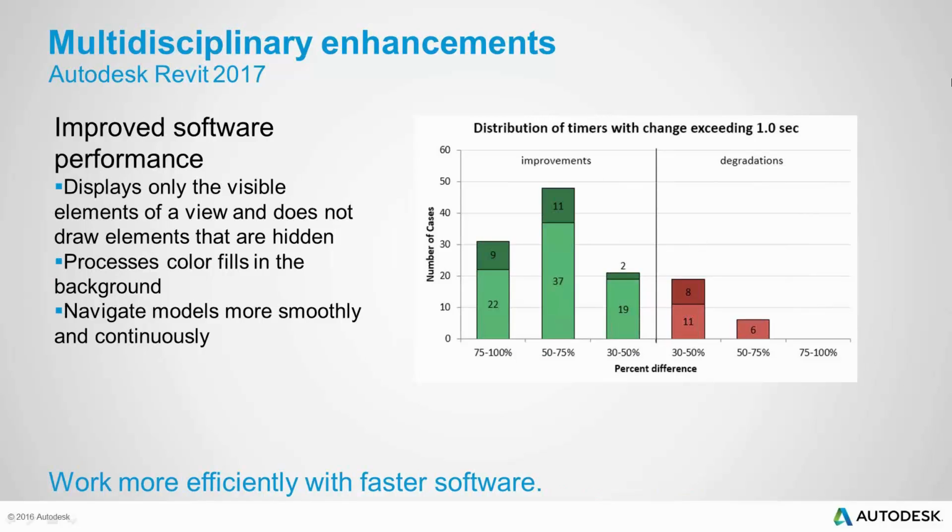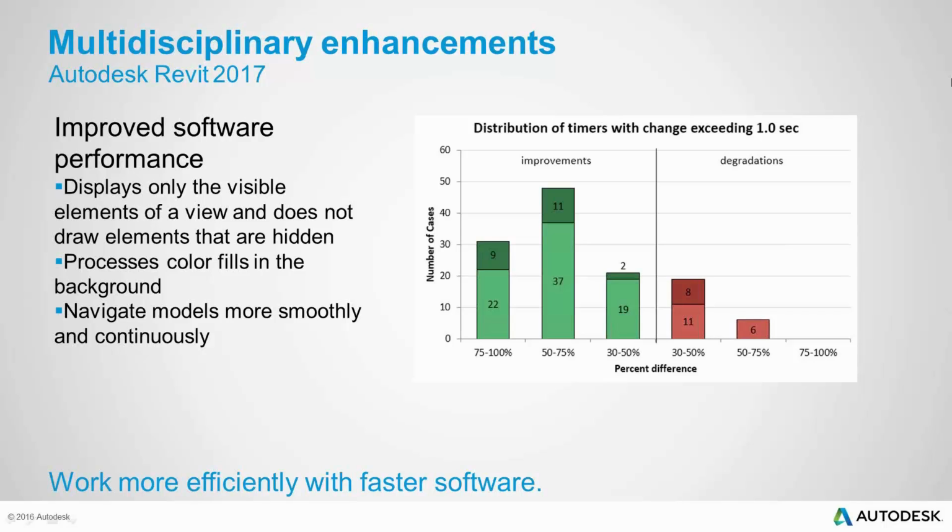As with every release, we really make a focus on making sure that your model is able to move and performs as well as possible. So every year we make very targeted performance improvements and also broad ones that actually apply to a lot of areas of Revit.